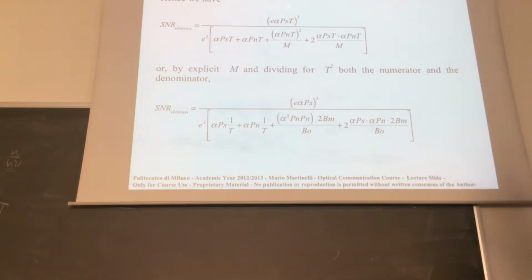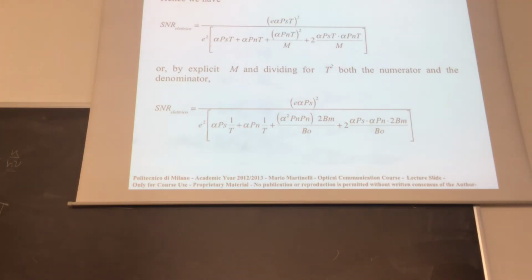And then let me divide the numerator and the denominator by T squared. So this is alpha Ps 1 over T, alpha Pn 1 over T. This is a T squared, so I cross this. And this is a T squared, I cross this. So I obtain this. Anybody follow? Very simple algebra, just algebraic manipulation, no more.